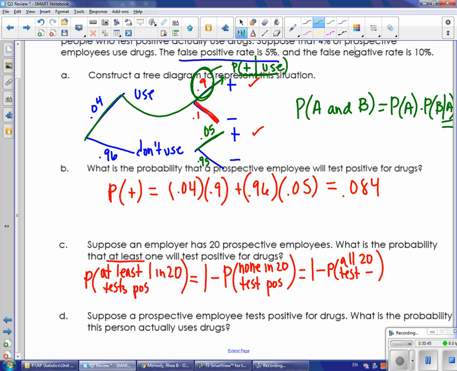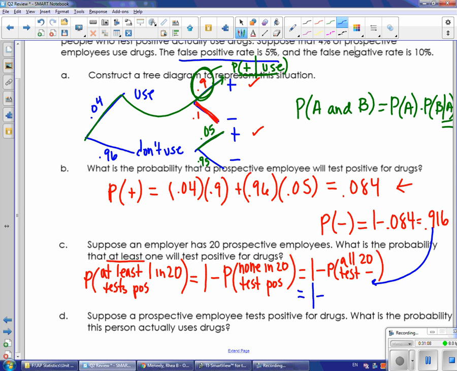So I've got to figure out the probability of testing negative. Well, if I know the probability of testing positive is 0.084, I got that in number 1, then the probability of a negative result is just going to be 1 minus that, which is 0.916. That's the probability I'm going to use down here.